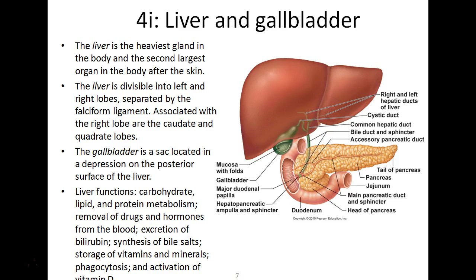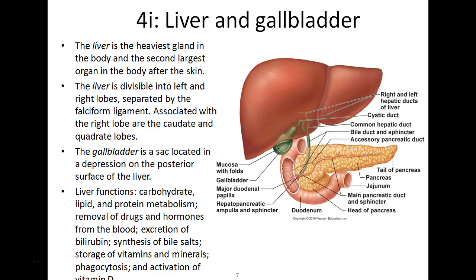And the liver has multiple functions, such as carbohydrate, lipid, and protein metabolism. In other words, we're talking about breaking down these substances for digestion. The liver also removes drugs and hormones from the blood.